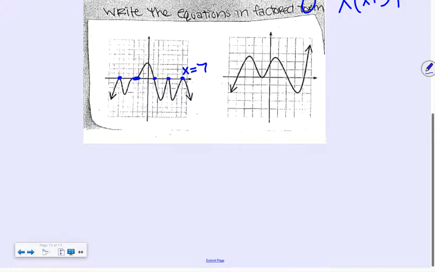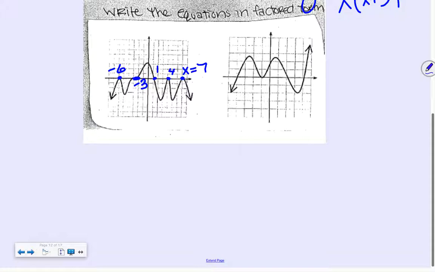I think 7 is a 0. I think 1 is a 0. I think 4 is a 0. Correct me if I'm wrong, guys. I think -3 is. I can't tell this one. Is this a -6? Yes. Okay. So guys, I have 1, 2, 3, 4, 5 zeros.